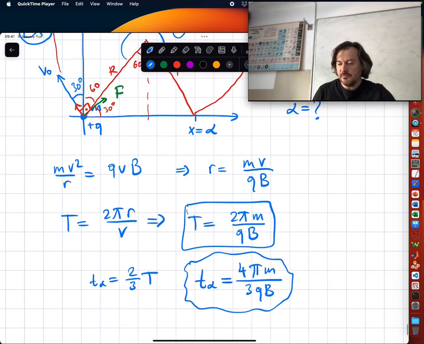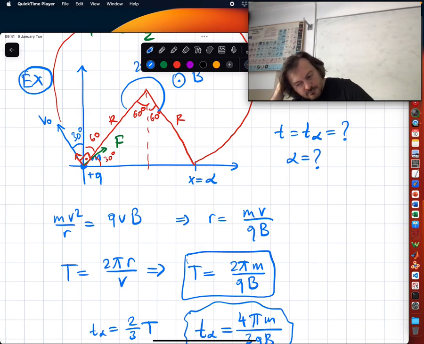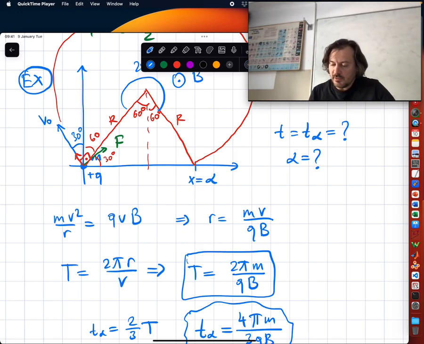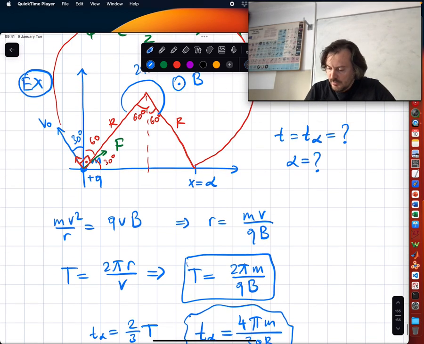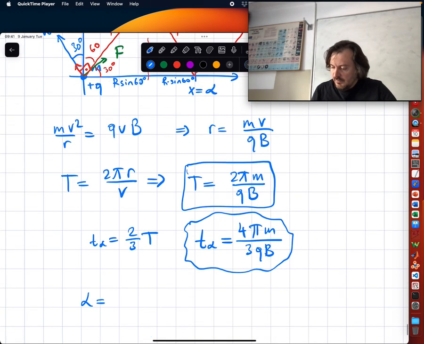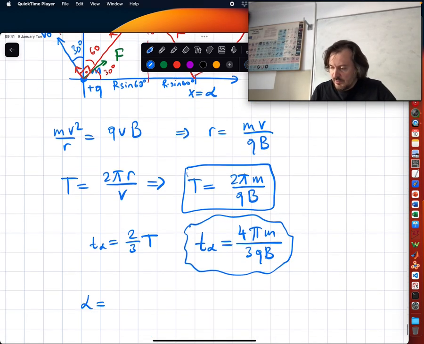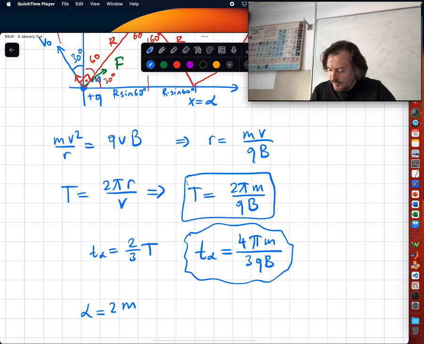How about alpha? To find alpha, I need to use this R. So alpha is equal to R times sine 60 degrees here, and R times sine 60 degrees here. R is mv over qB, so I have 2 times mv over qB times sine of 60 degrees.